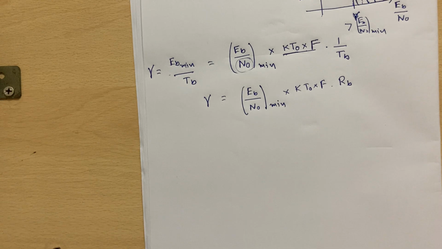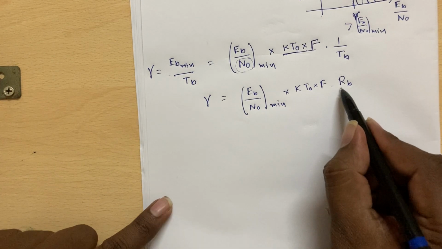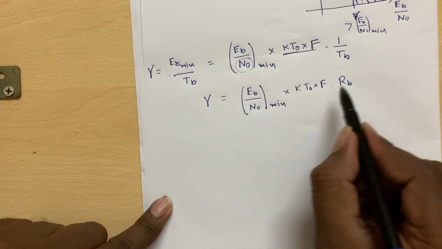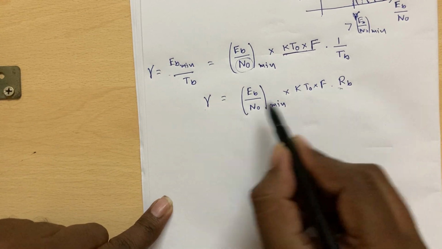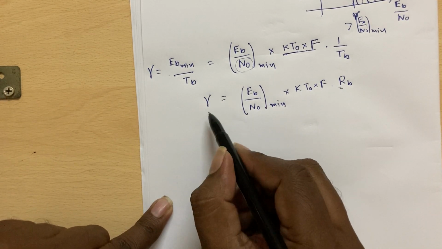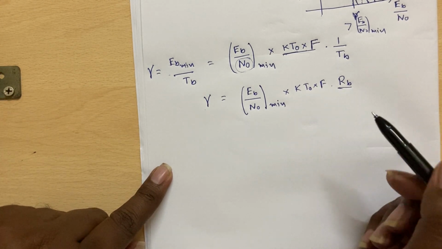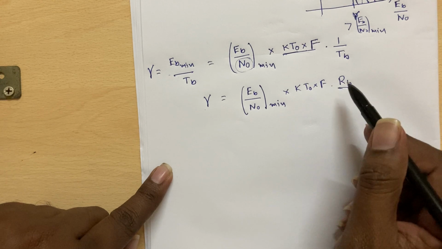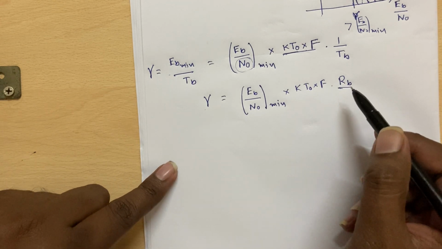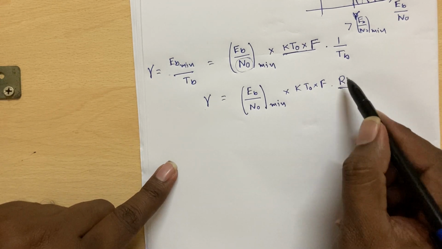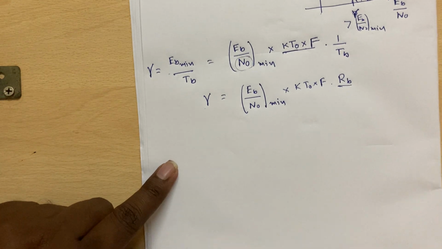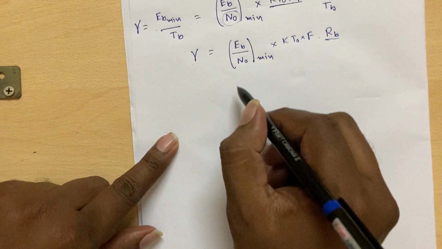If you see, the receiver sensitivity level is proportional to bit rate. As bit rate increases, the minimum power required will also increase. So you will require more power to support a certain bit rate as bit rate is increased. So if you have low received power, you can go for lower bit rates, right? So this is in terms of Eb by N naught.